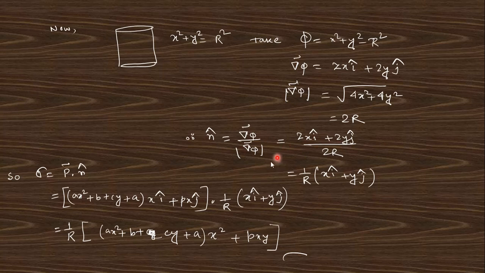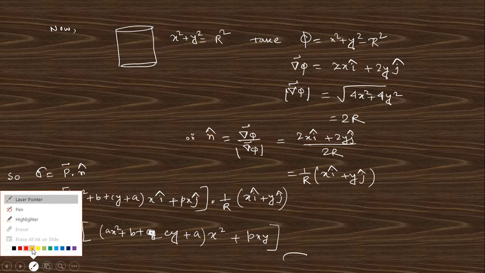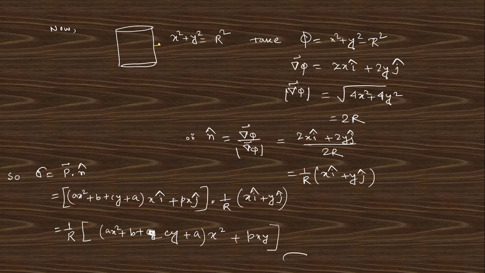I think you know this formula to find the n cap of a surface, because we already discussed it in detail in the vector analysis. There is a total solution of the Murray Spiegel book; you can go through the link given in the description box. So this n cap is the perpendicular to the surface, and you will get this n cap.